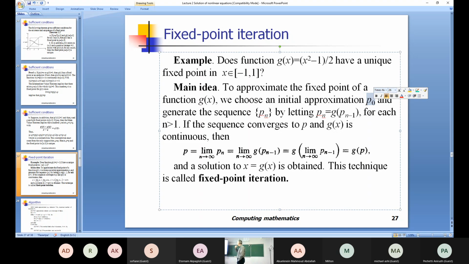And if the sequence converges to p, then this point p is a fixed point. This technique is called the fixed point iteration method.